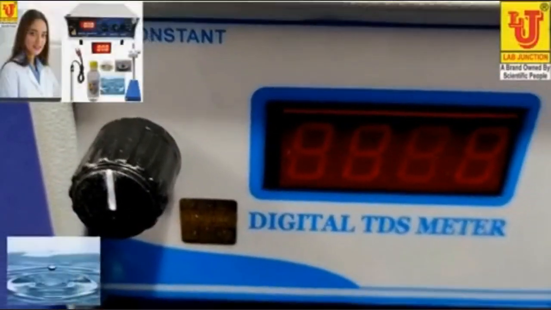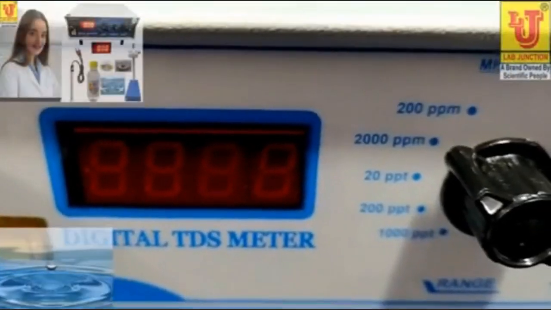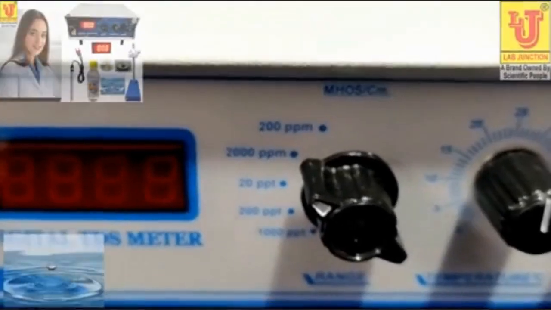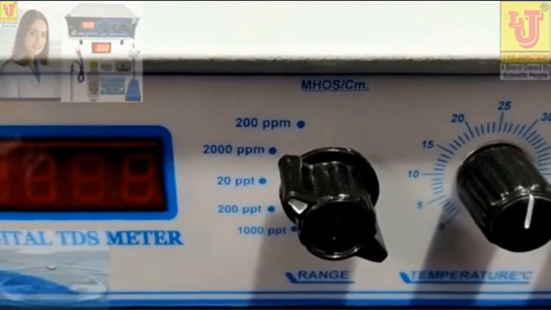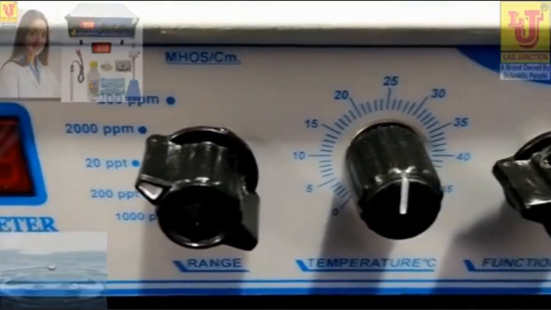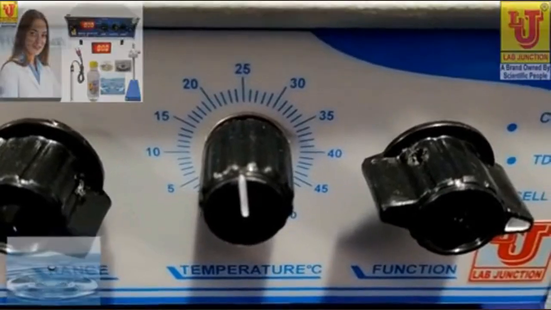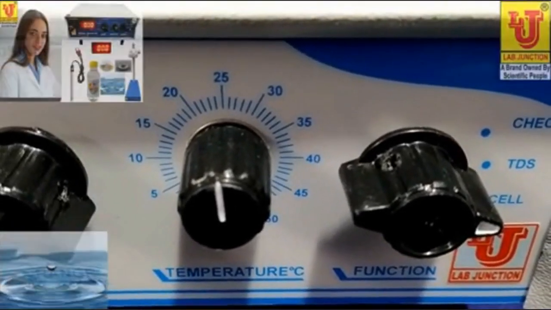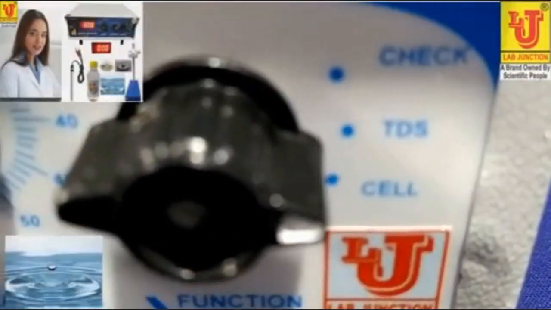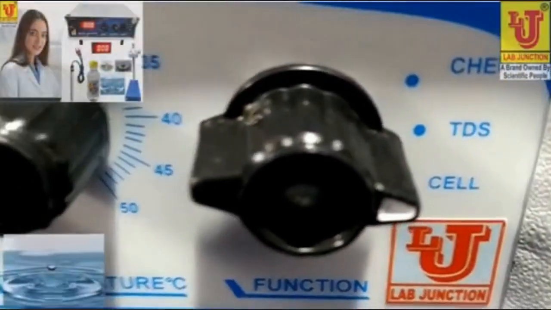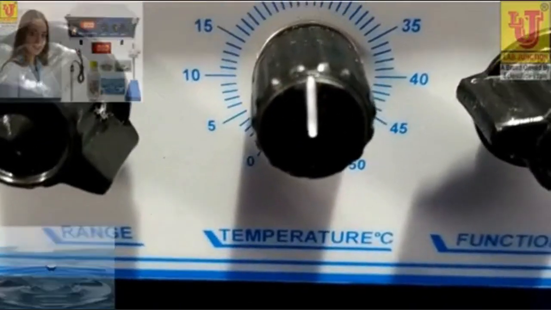Front view. In the front view, one is the function control. In this function control, check TDS and cell constant facility. Next is temperature.